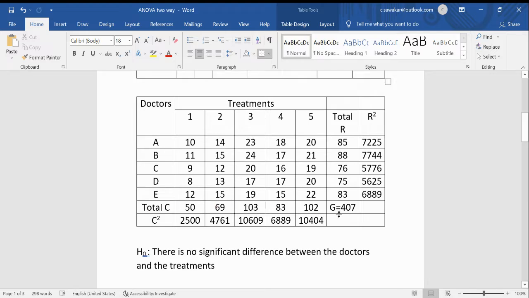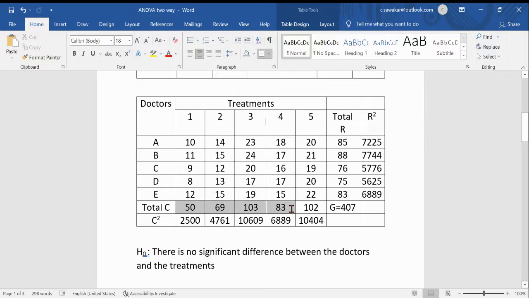Now we need to write this grand sum, the G value. The grand sum comes from the sum of all these R values: 85 plus 88 plus 76 plus 75 plus 83 comes out to be 407. That is my grand total.